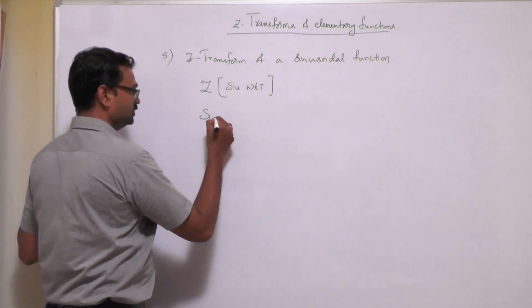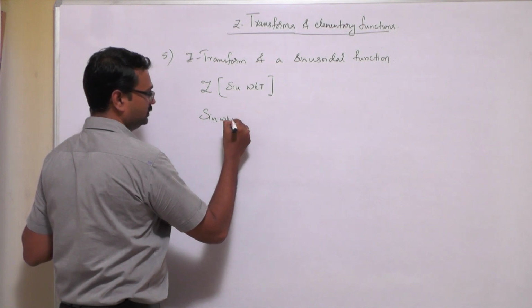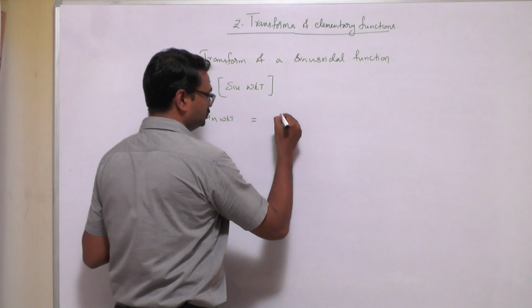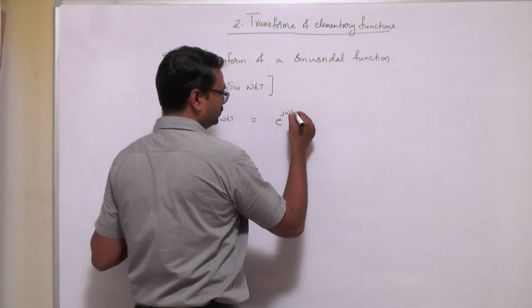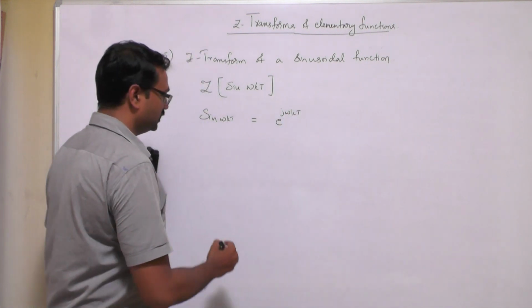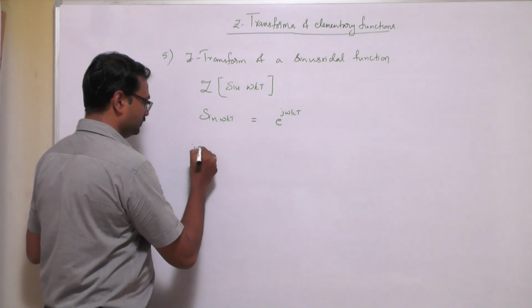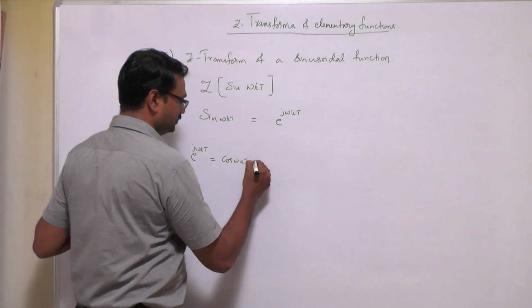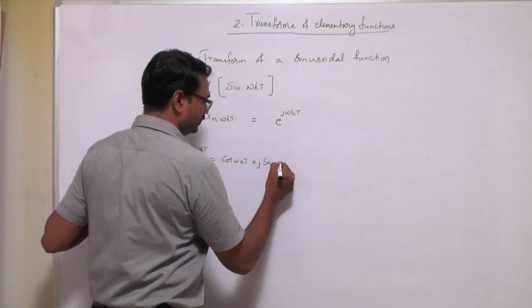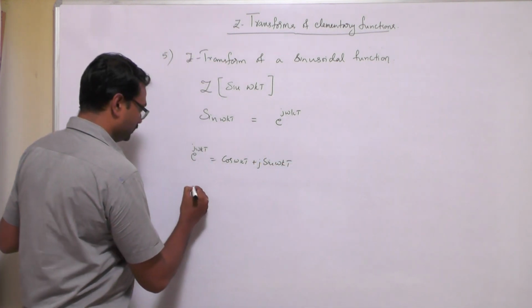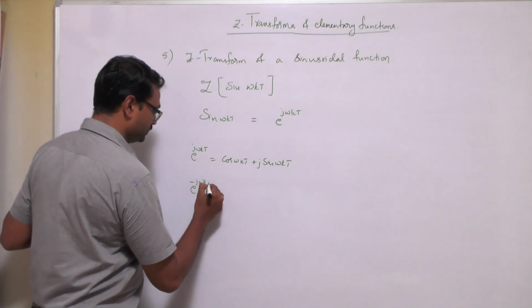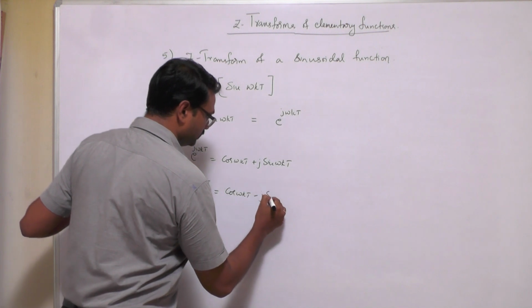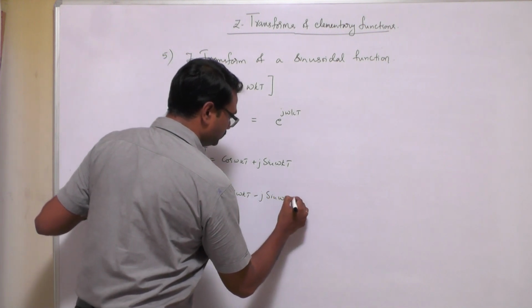For instance, e power j omega kt is equal to cos omega kt plus j sin omega kt, and e power minus j omega kt is equal to cos omega kt minus j sin omega kt.